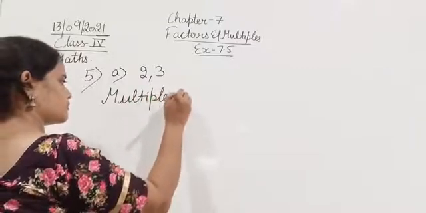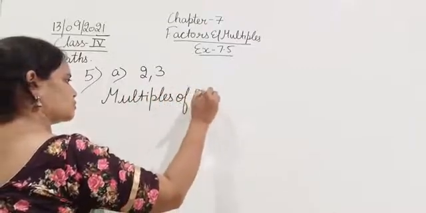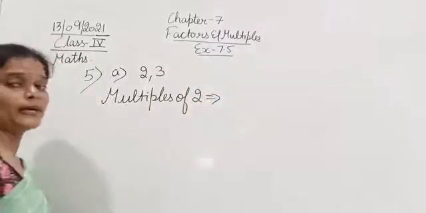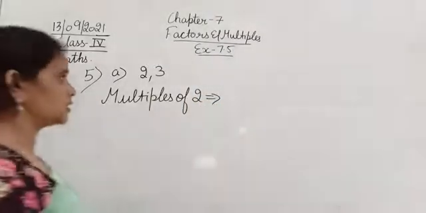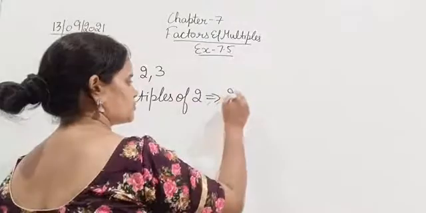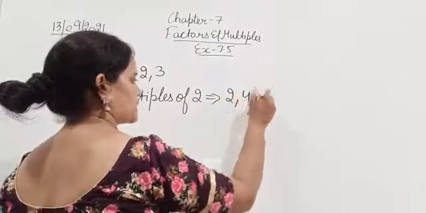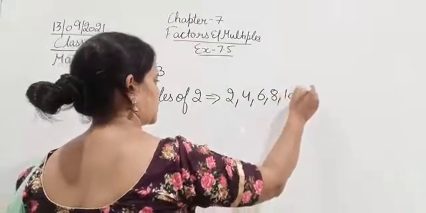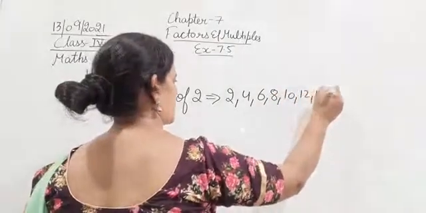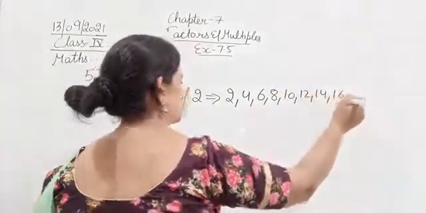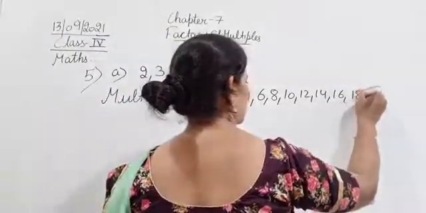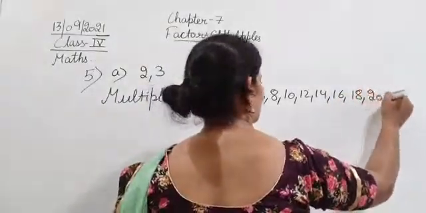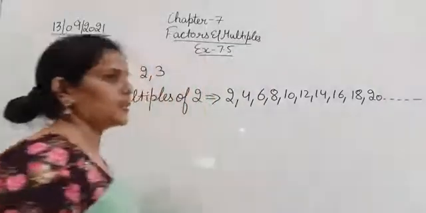So the multiples of 2 are 2, 4, 6, 8, 10, 12, 14, 16, 18 and 20, and so on.